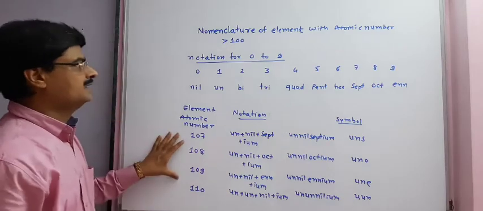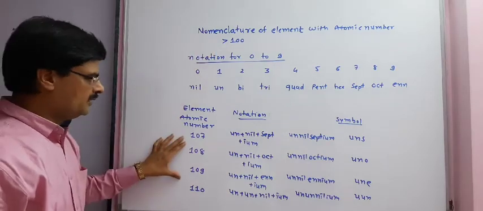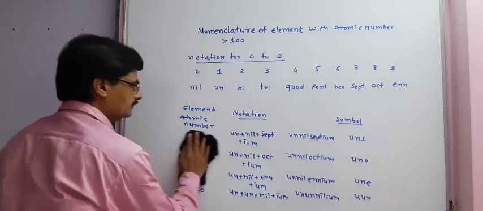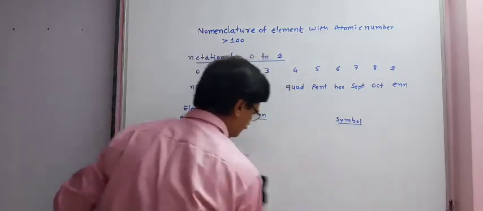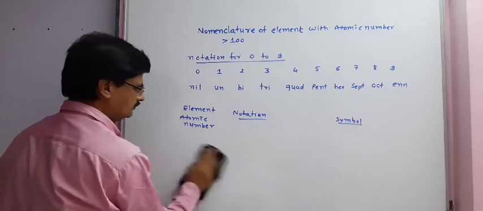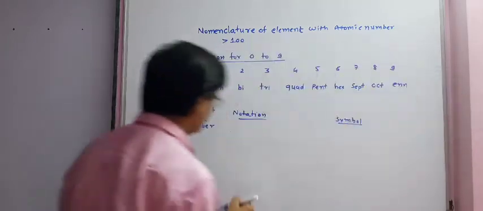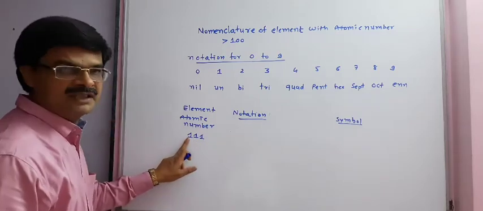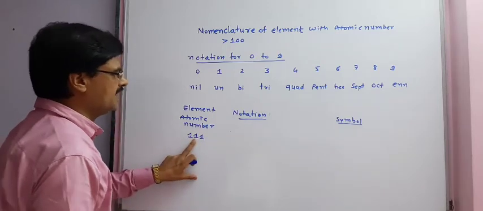Now we will understand the nomenclature of 111. Element with atomic number Z is equal to 111.